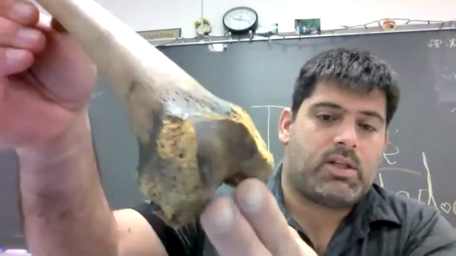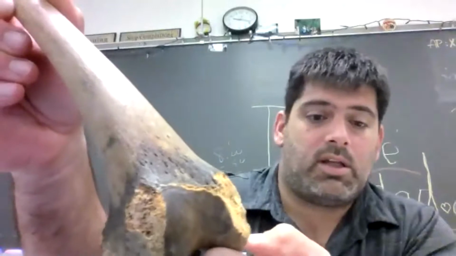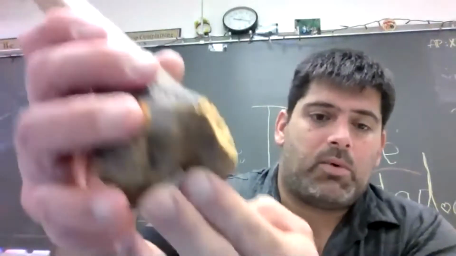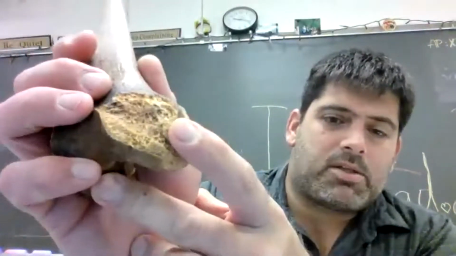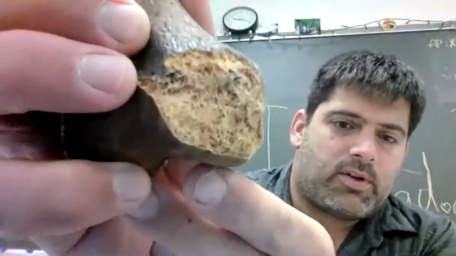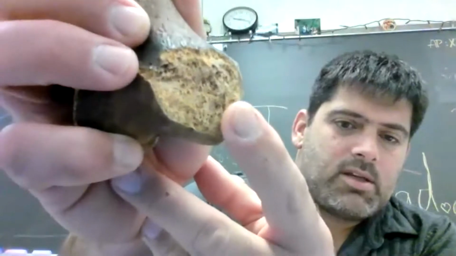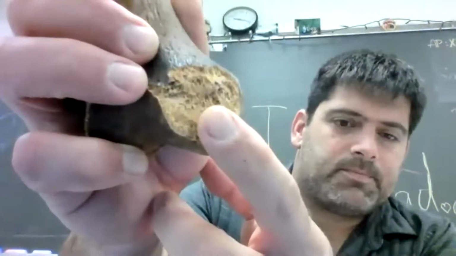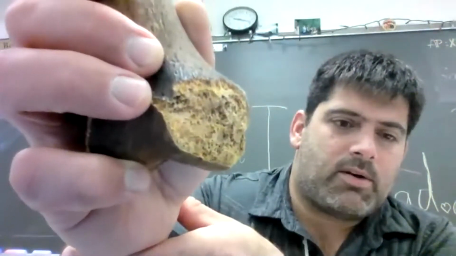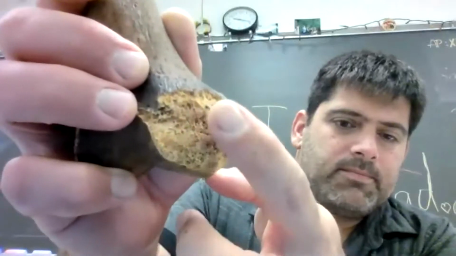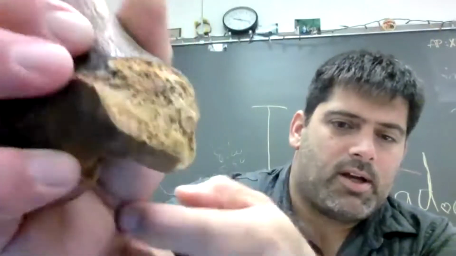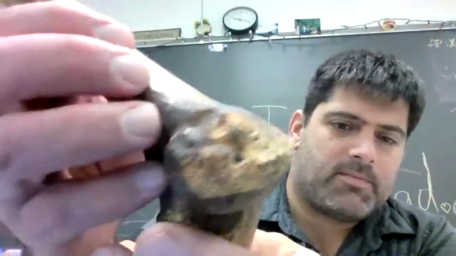This is, of course, the knee end of the femur. And where it's kind of damaged, actually it's going to work to our advantage. I don't know if you can see in there, but that is spongy bone. You can see how it almost looks foamy, doesn't it?